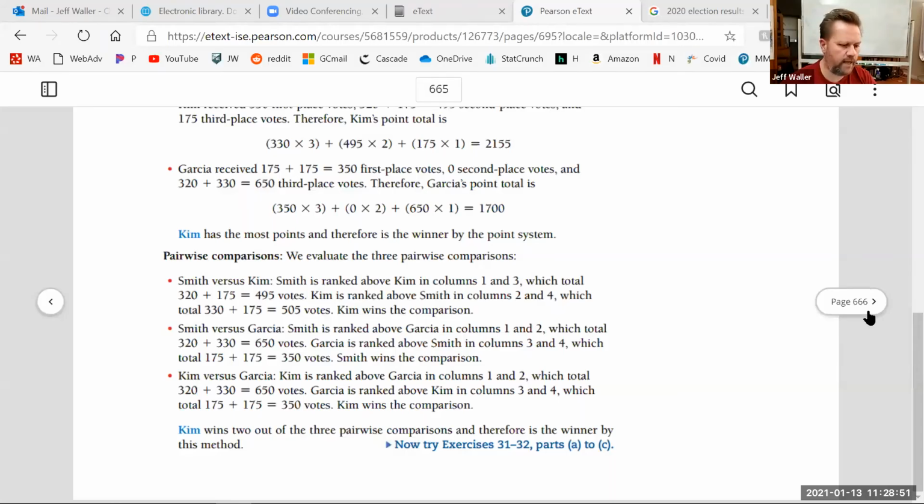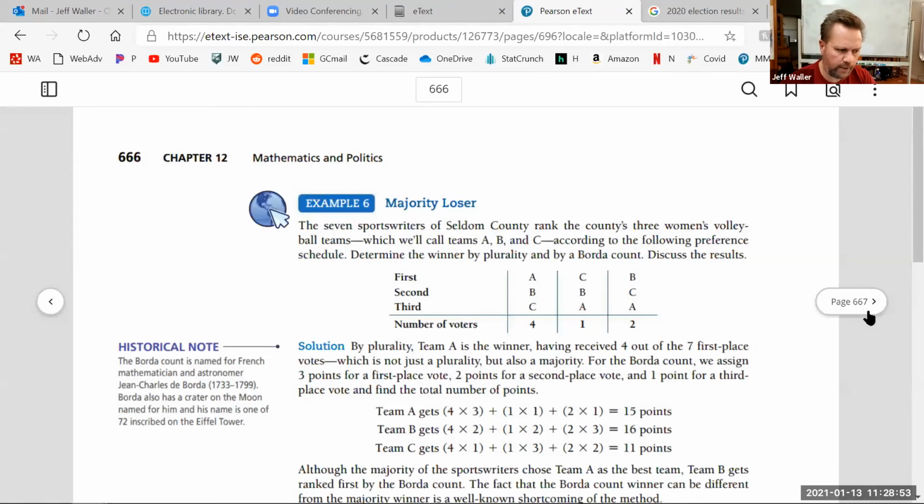So the idea of approval voting. Let me show you. I think the book's got a couple of visuals. Where are you at, book? Here you are. So approval voting is nice because it's not ranking anybody.